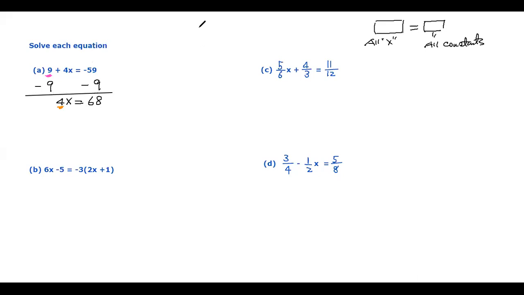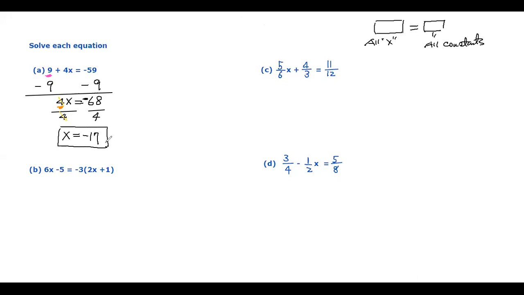What do I need to do here? I need to divide by 4 on both sides. When you divide by 4, this cancels, and so x is equal to negative 68 divided by 4. Don't forget your negatives. So what is the answer? It is negative 17.